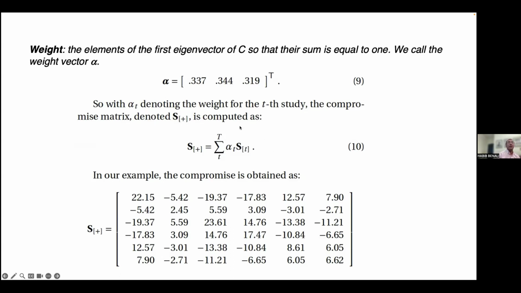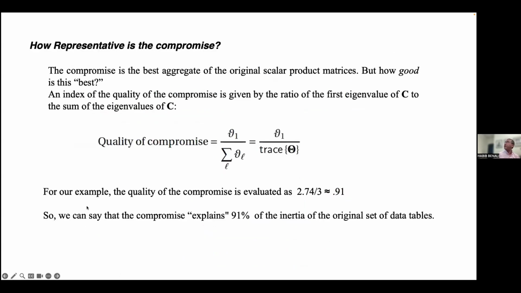Normalizing the covariance matrices, coming with the weights that you got from the compromise. And this comes with this matrix here, the 6 by 6 data matrix, which is the covariance matrix of the weights. So we can look at this compromise and try to interpret it. 6 by 6.